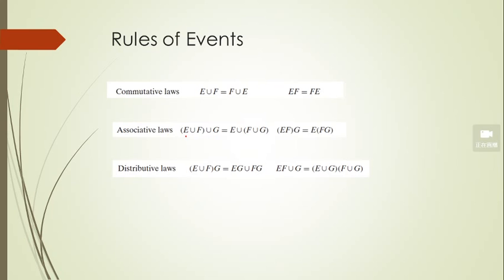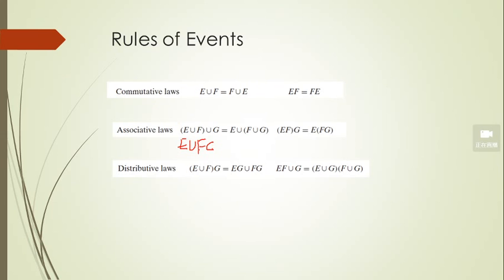You find the outcomes for the event E union F first, and then union G. That is the same as you find the outcomes in F union G, and then union the event E. It doesn't matter which one goes first. What does this mean? This one actually equals E union F union G.